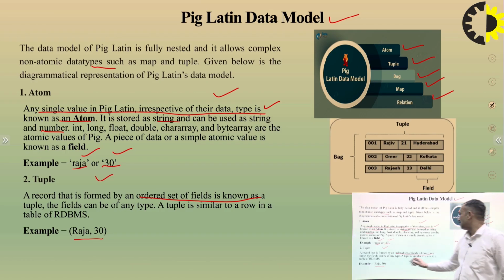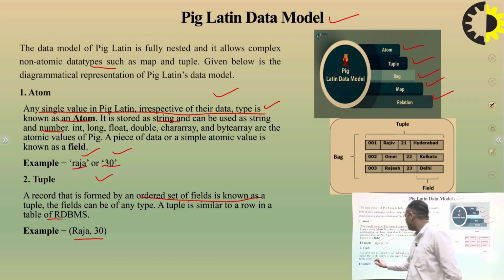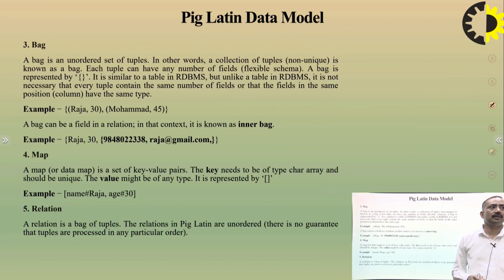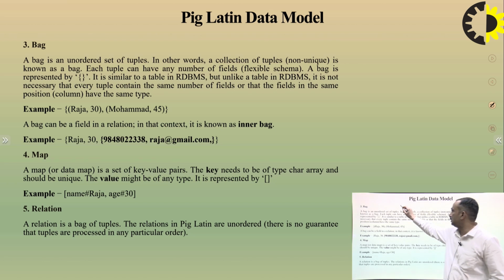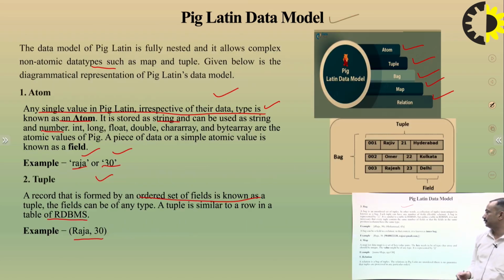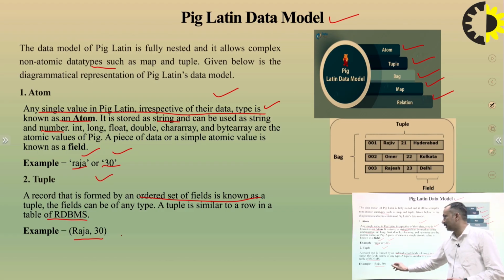As in RDBMS, we have tuple here also. An ordered set of fields is called a tuple. Then we have a bag, the third data model of Pig. An unordered set of tuples is called a bag. So we have a tuple here.